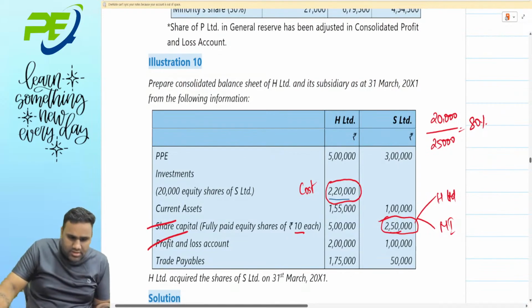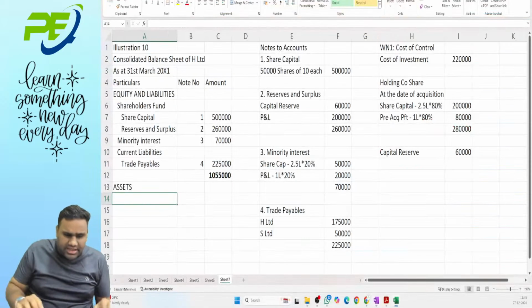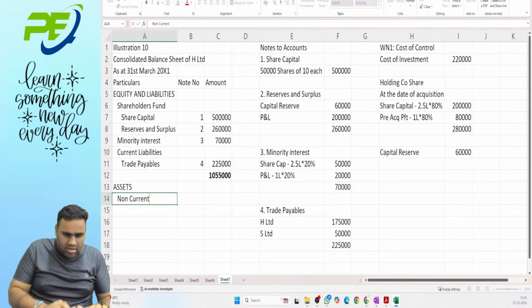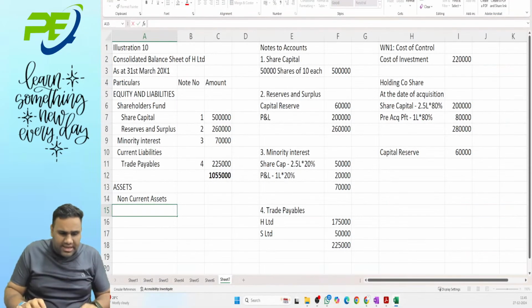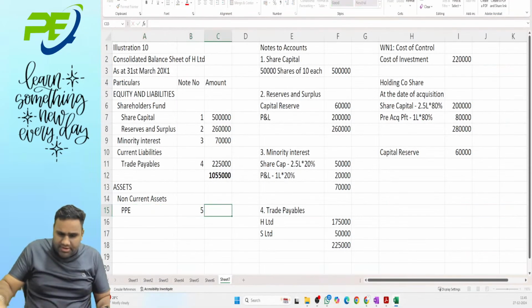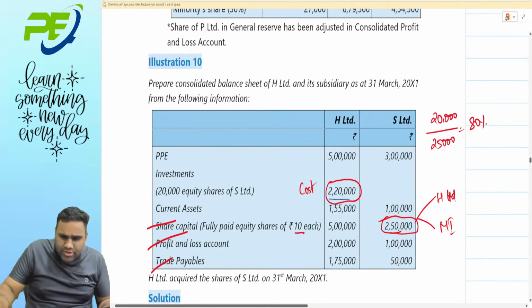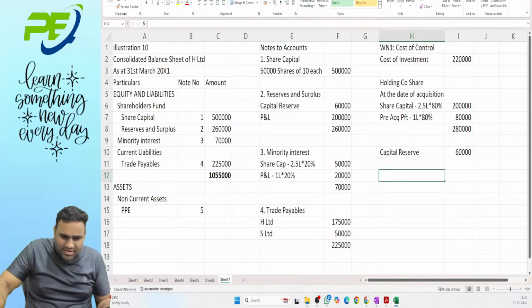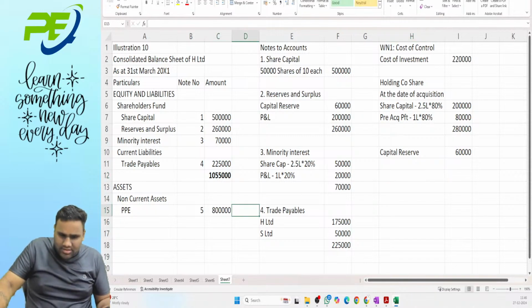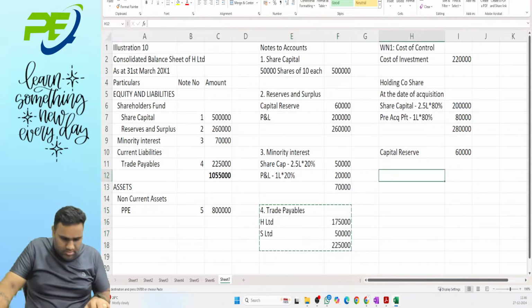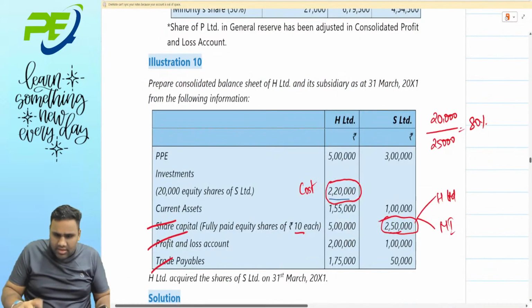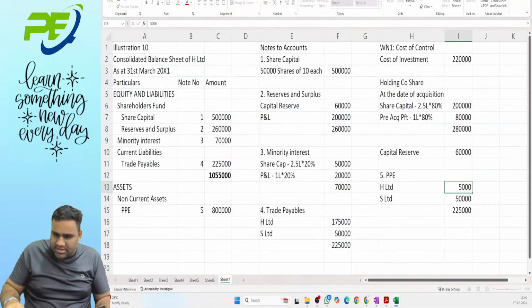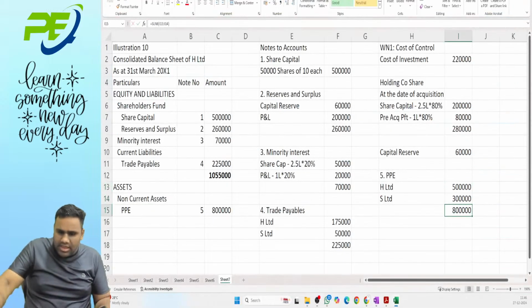Next, assets. Non-current assets: property, plant and equipment, note number 5. So add both, 5 lakh and 3 lakh, 8 lakhs.